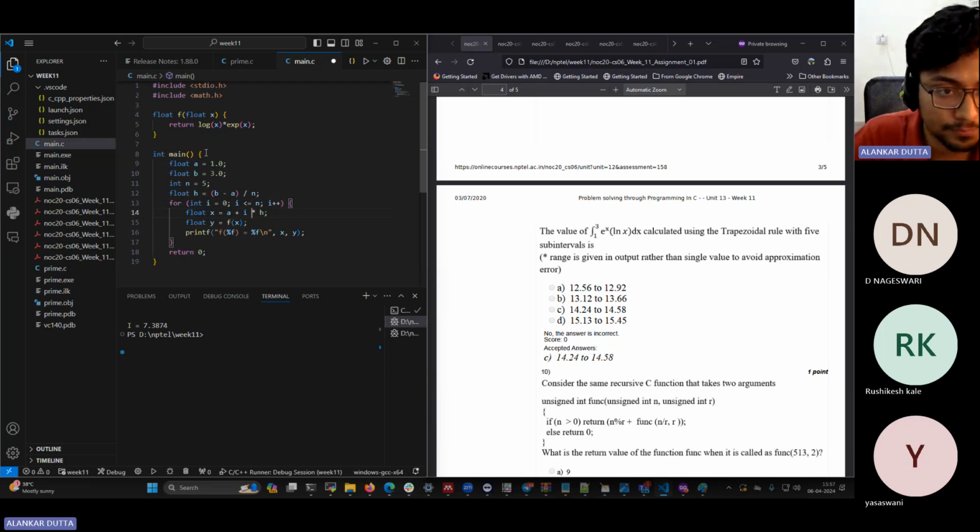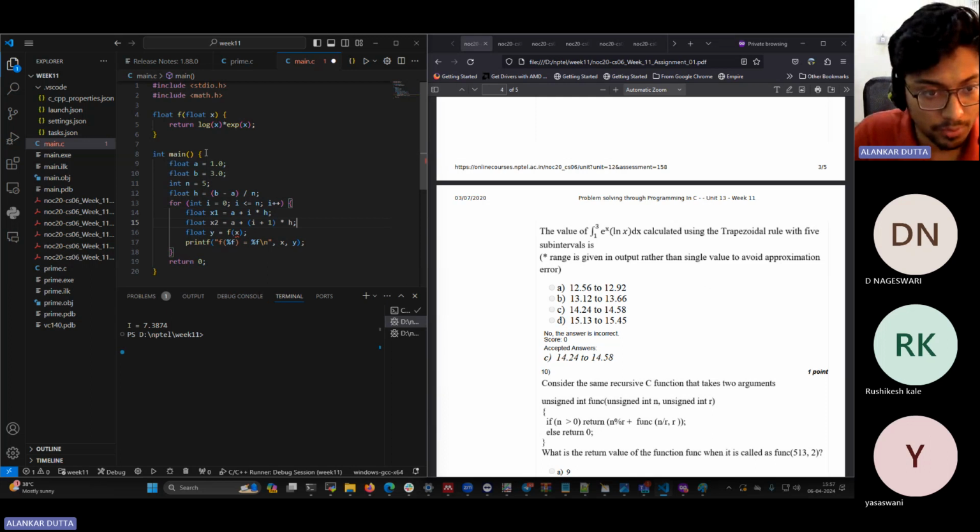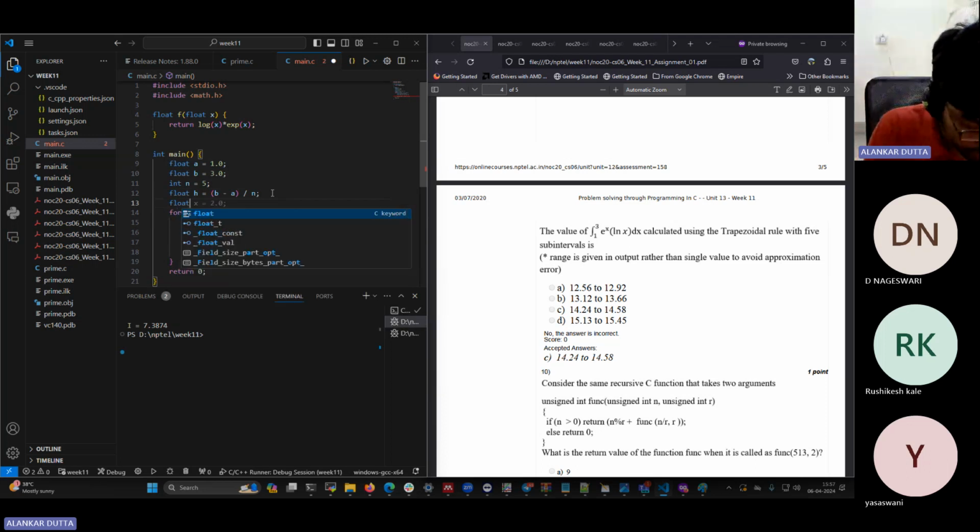Start with A, right? So your A is x1 is basically this, and the value of x2 is then i plus 1 times h, right? And your integral should start from i equals to 0.